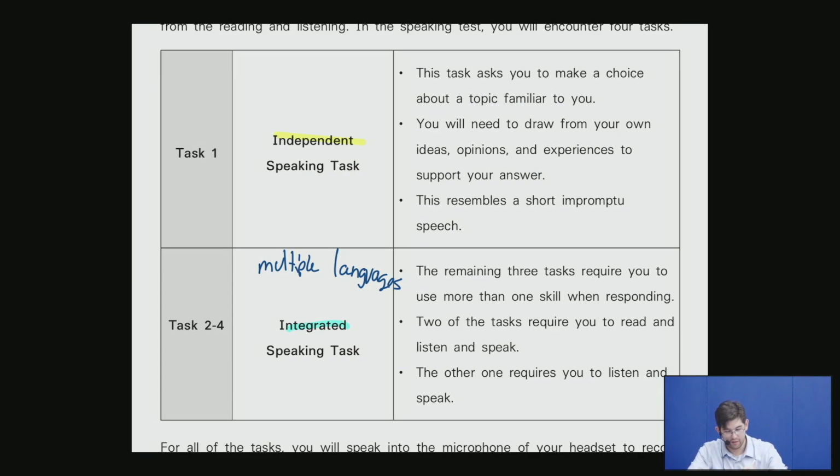Our task 1 is normally broken into familiar topics. So these are topics about your family, your life, things that are generally familiar to all people, maybe where you live, even your hobbies. One thing to remember here is you want to draw on your own experiences and your own ideas. Oh, that's not a highlighter, sorry.